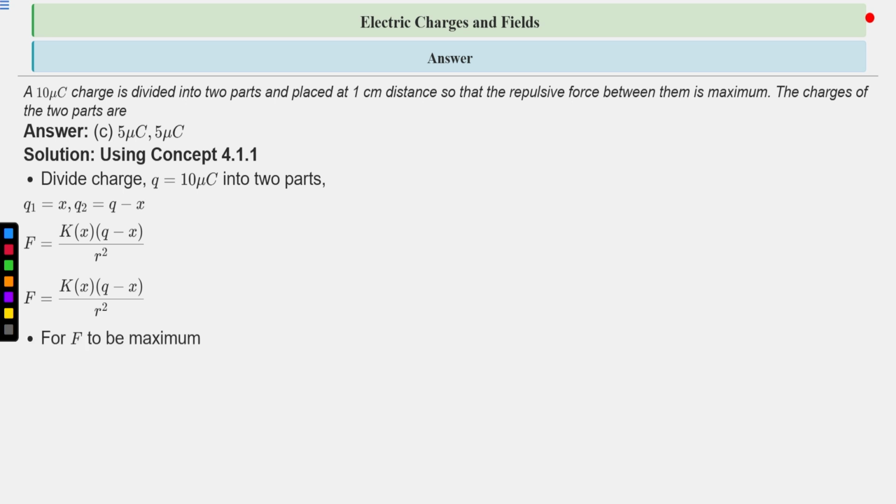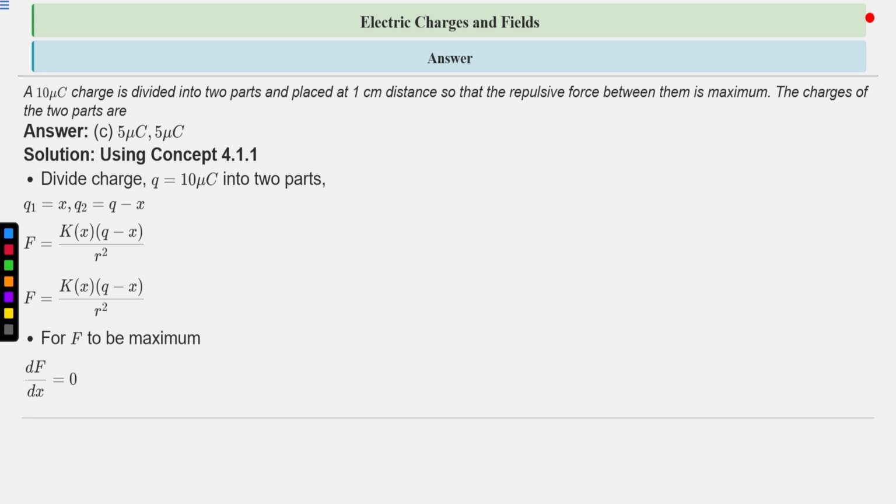So for F to be maximum, what is the condition? The condition for F to be maximum is that the derivative of F with respect to the charge x, means dF by dx, should be 0.